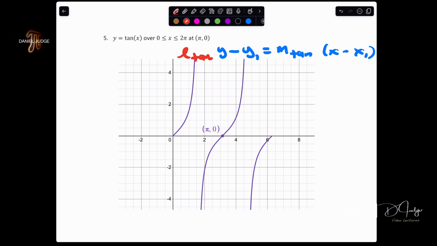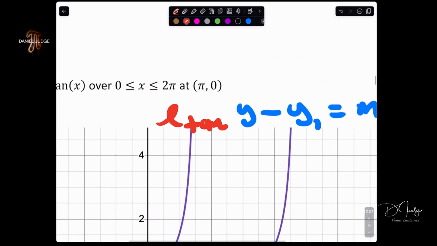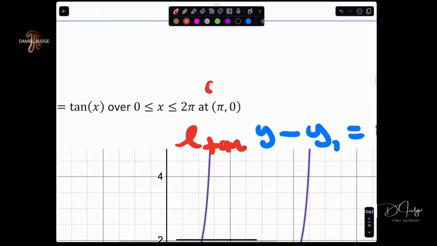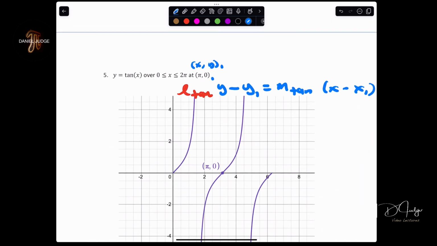There's your L tangent. We're trying to find these values now. X is pi here. We've got your x coordinate, your y coordinate. That's the first and only point. So x1 is pi, y1 is 0.